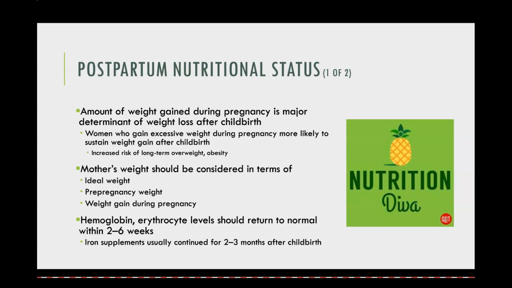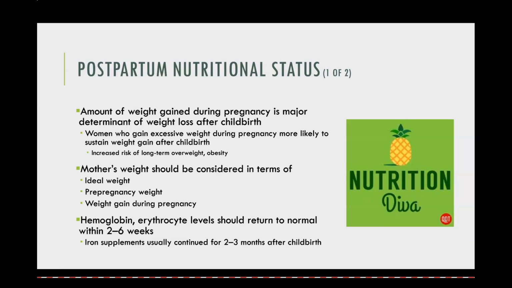Hemoglobin and erythrocyte levels should return back to normal within somewhere between 2 to 6 weeks. So if the mom has had a postpartum hemorrhage, if she's had some pretty heavy bleeding, if her hemoglobin and hematocrit levels are low, then she might need to continue to take iron supplements after childbirth.